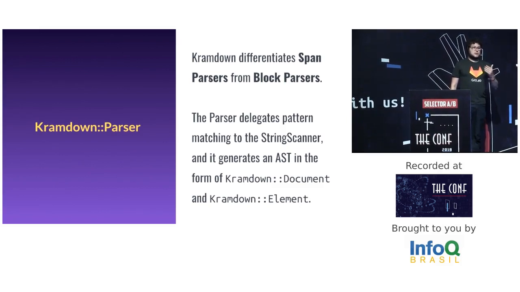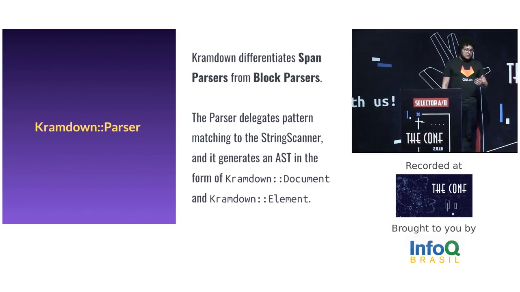So should we still keep applying the strong conversion pattern, or should we do something different? For example, doing syntax highlighting. The parser delegates this pattern matching to a Ruby class called StringScanner, and it also generates the AST in the form of the Kramdown document and the Kramdown element.